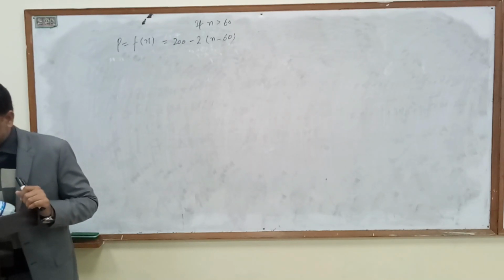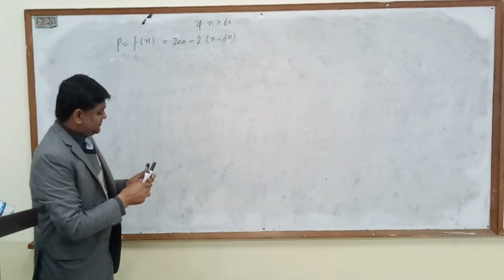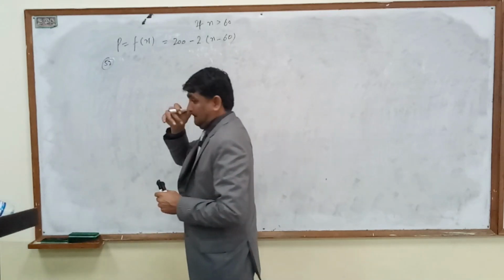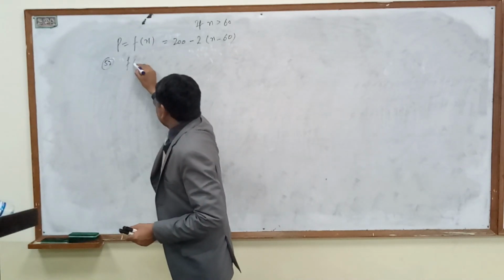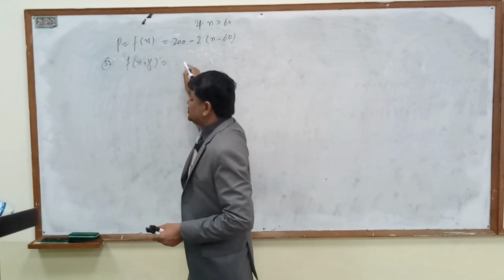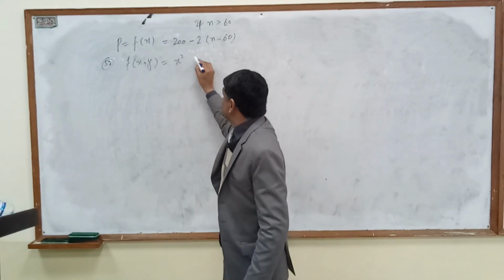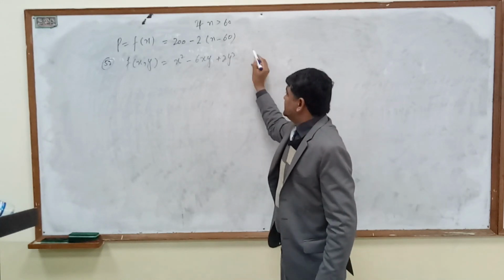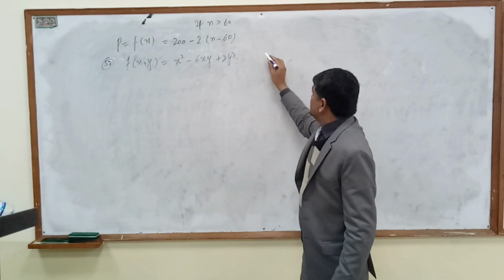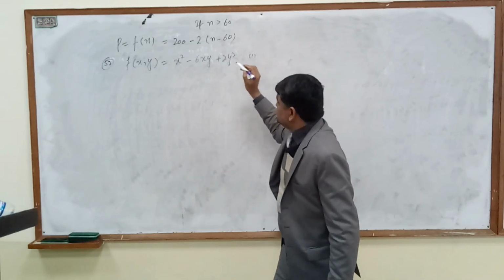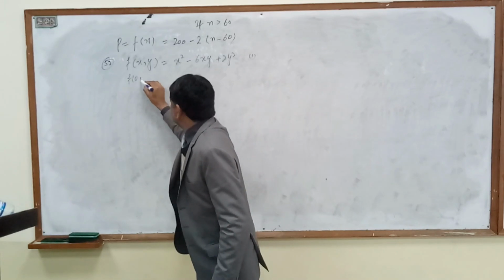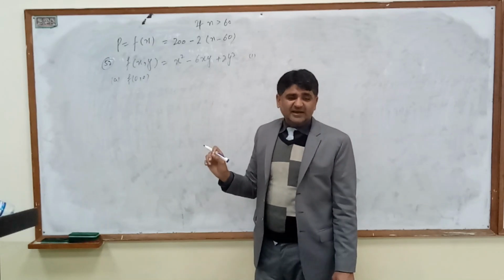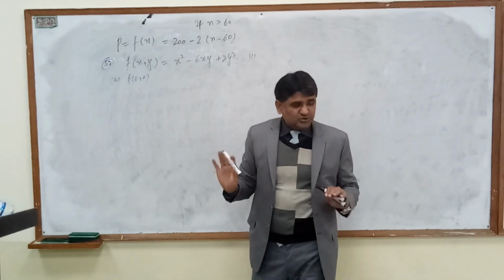If we look at question number 52, what is it? Yes, f of x and y is equal to x square minus 6xy plus 2y square. Determine f of 0, 0 in part A. The values of inputs, the values of x and y, are equal to 0.